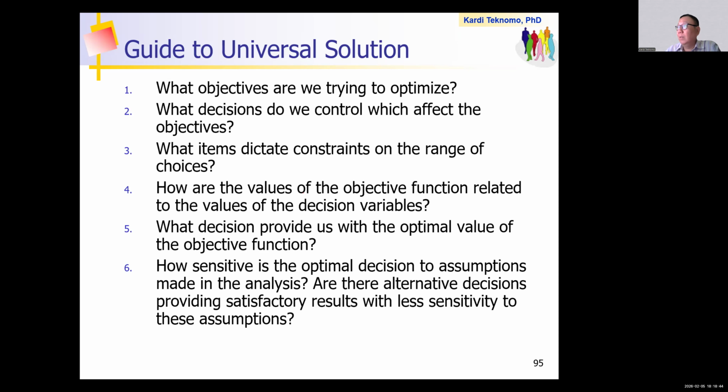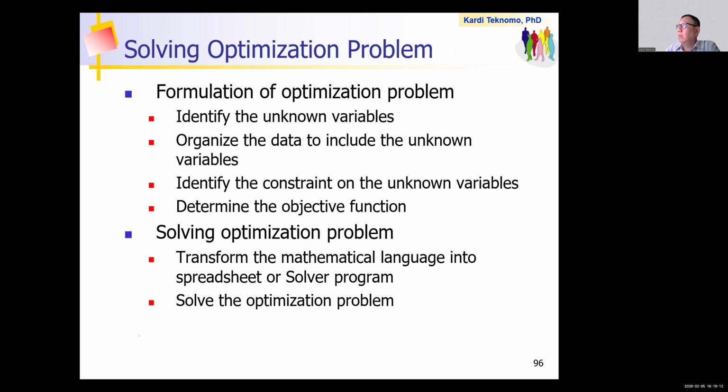From there you find the coefficient of the objective function and get what decision provides us with the optimal value, based on that decision, objective function and the constraint. And then you can also do what is called sensitivity analysis. Now, if you can solve this, then you can get the actual solution.